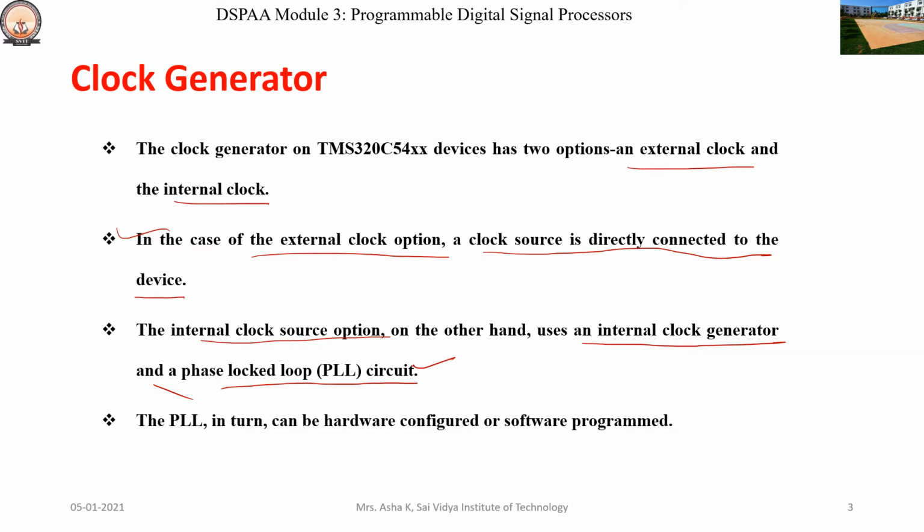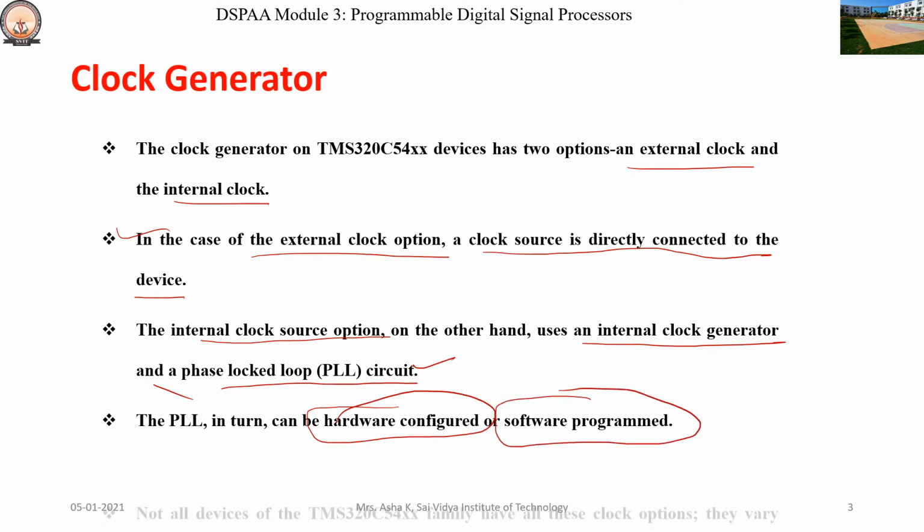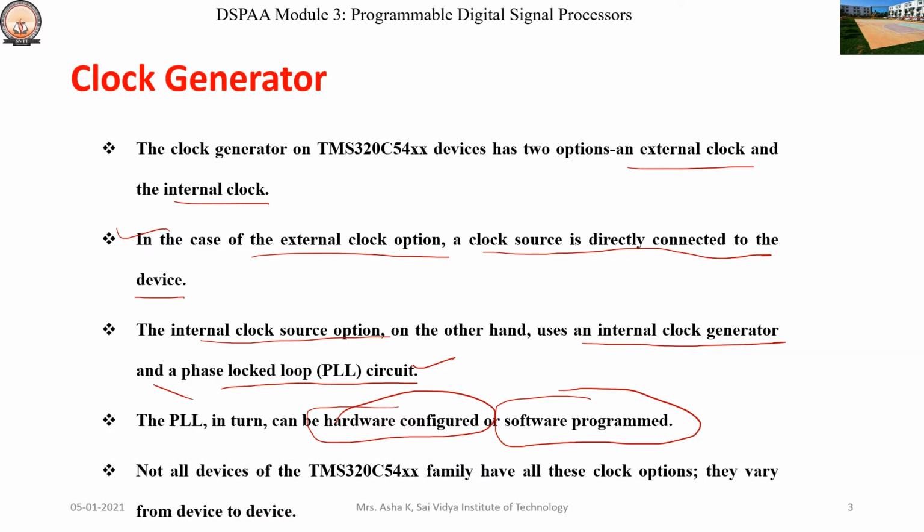This phase locked loop circuit in turn can be hardware configured or software programmed. Not all devices of the TMS320C54XX family have this kind of clock option. The clock and operating frequency of the processor vary from one device to another. So this is the brief explanation about the clock generator present in the TMS320C54XX processor.